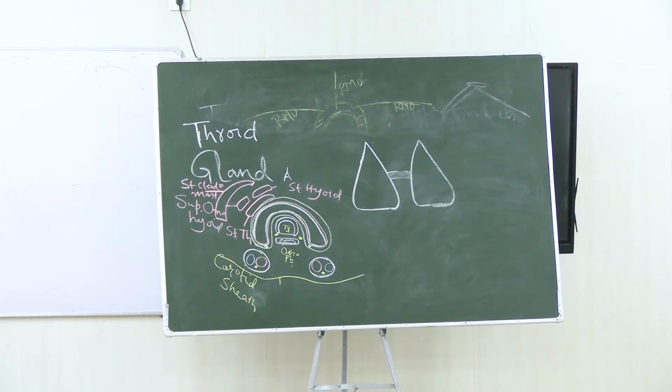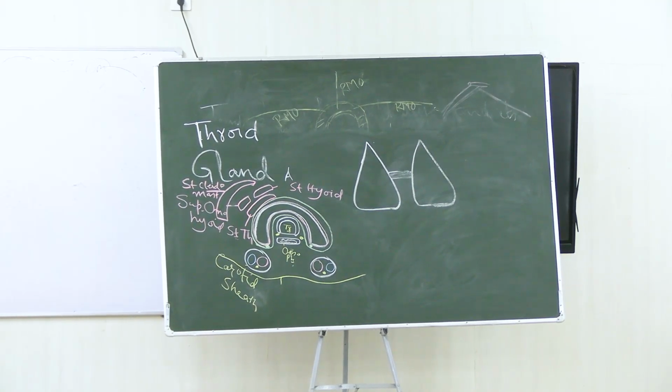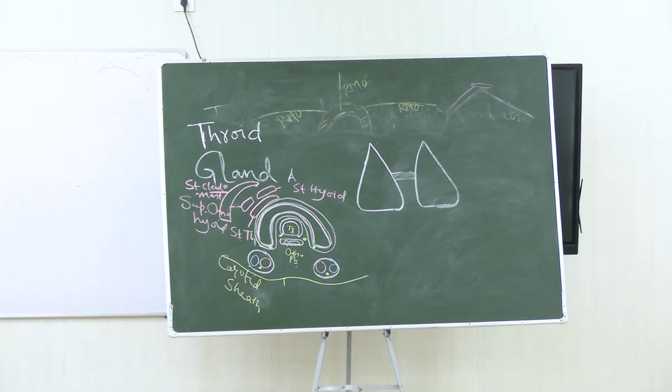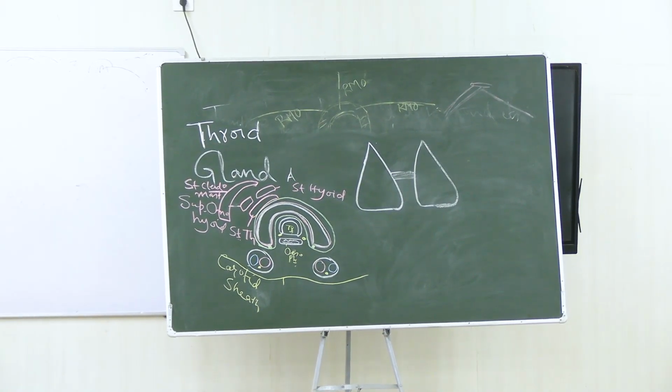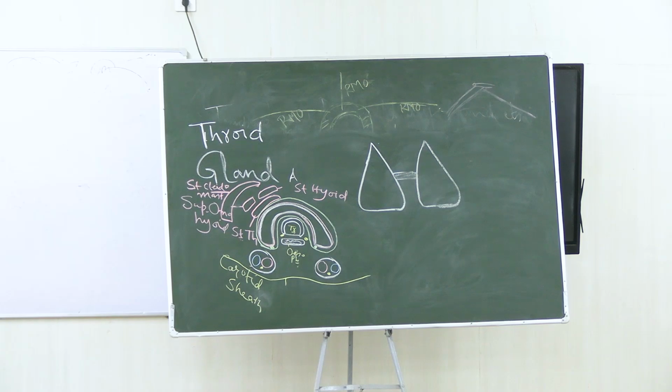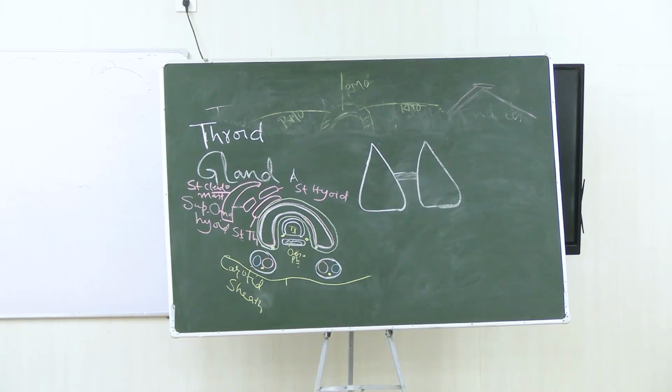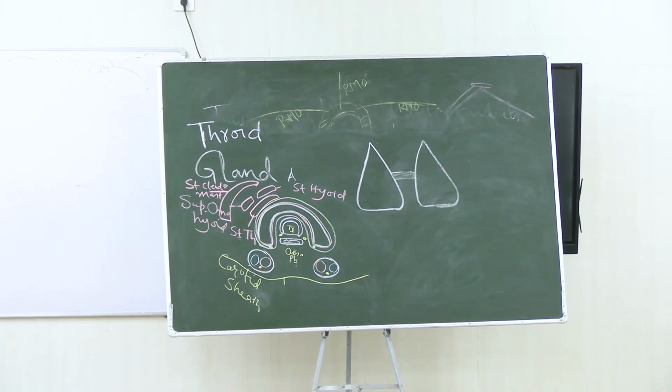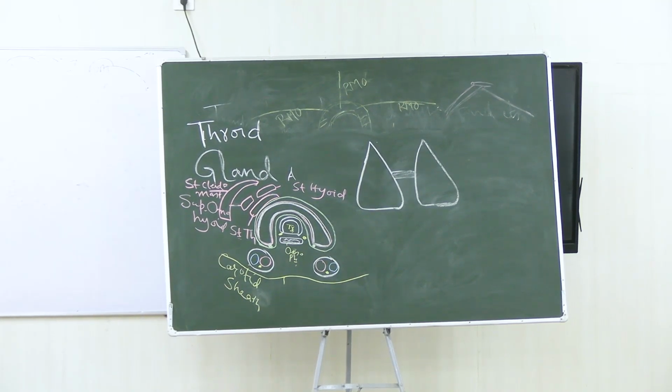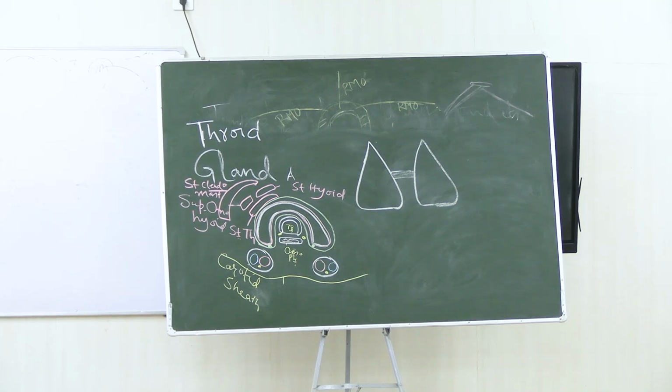So these are the symptoms it may produce, right? Dysphagia, dyspnea, and also dysphonia. Dysphonia is the term: if the recurrent laryngeal nerve is pressed, the patient will develop hoarseness, that is called dysphonia. So dysphonia, dysphagia, dyspnea, these are the symptoms when the gland is enlarged, right?